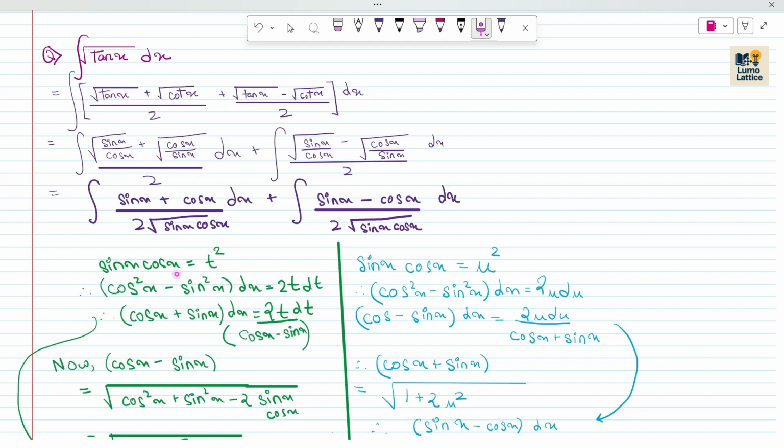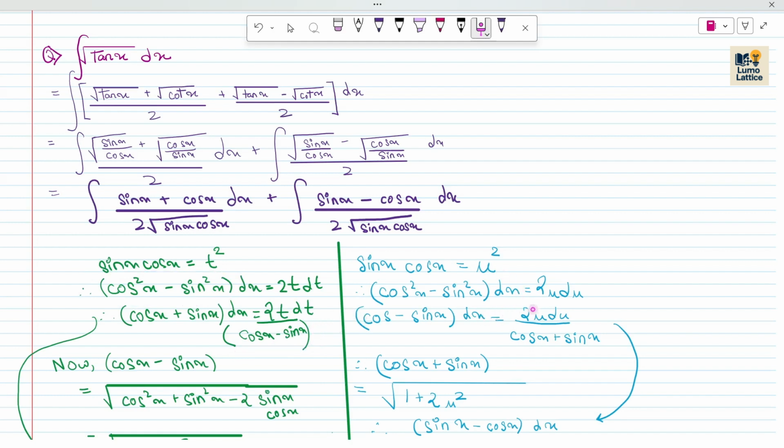Now cos square x minus sin square x can be written as cos x plus sin x into cos x minus sin x. So here we divide this by cos x minus sin x. Here the cos x minus sin x gets cancelled out, and in the denominator we get cos x minus sin x.